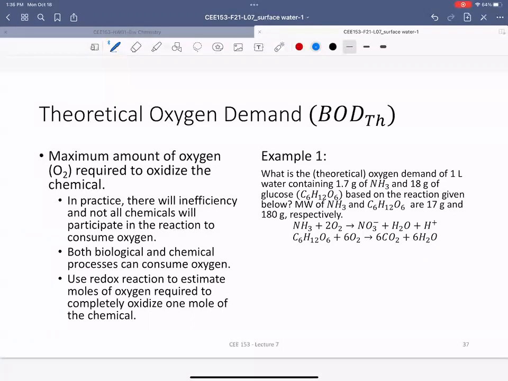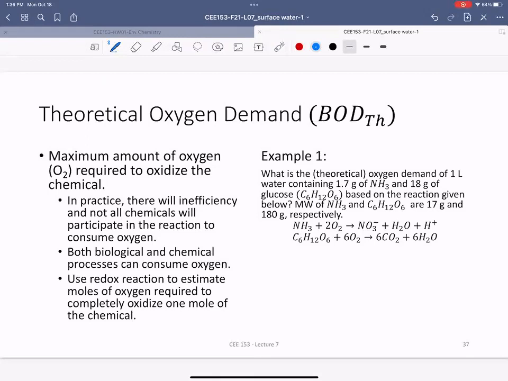This is the application of that equation now. So this is coming back again. Let's use that equation to calculate. What is the theoretical oxygen demand for 1 liter of water containing 1.7 grams of ammonia and 18 grams of glucose based on the reaction given below?